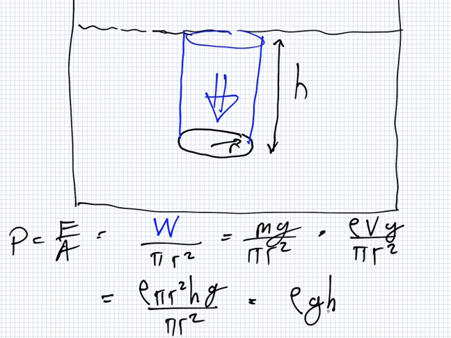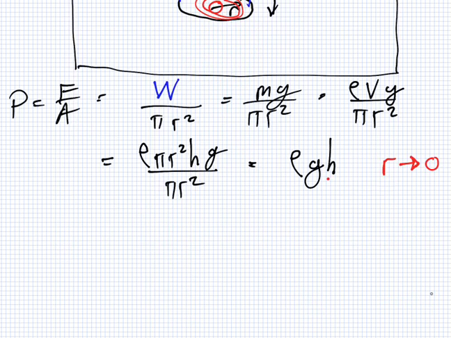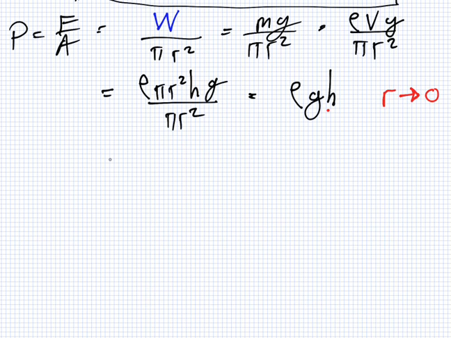What is really interesting is, notice how the r has disappeared. It doesn't matter what the value of r is, you still get the same formula. So now we make r equal to 0.